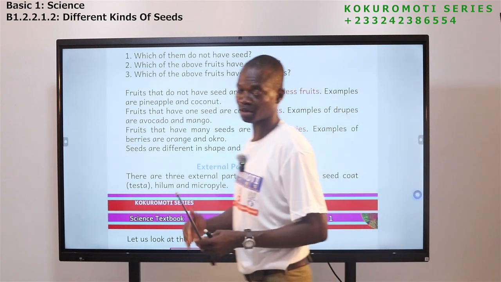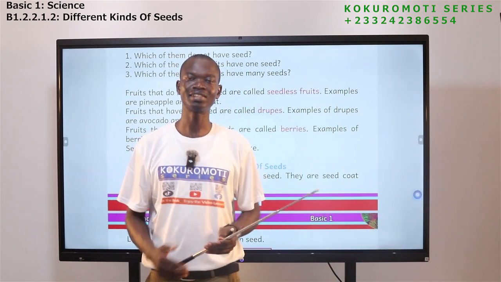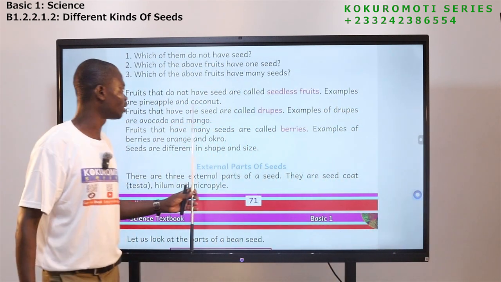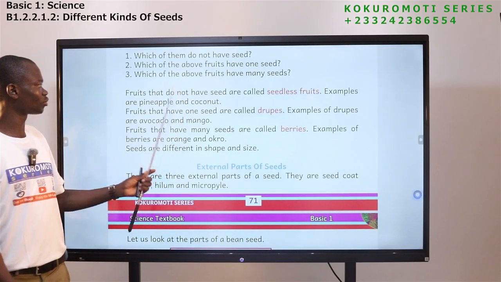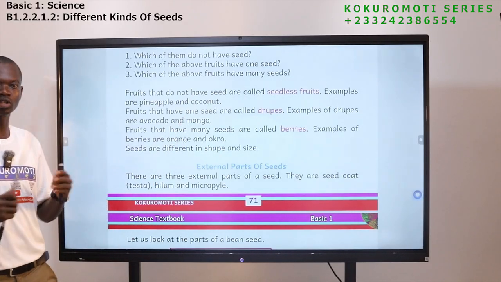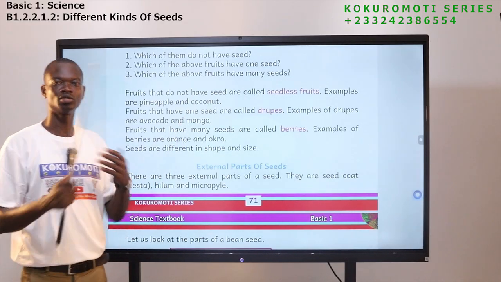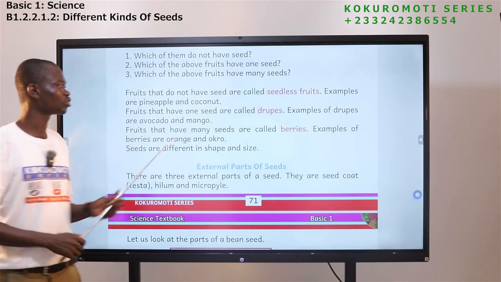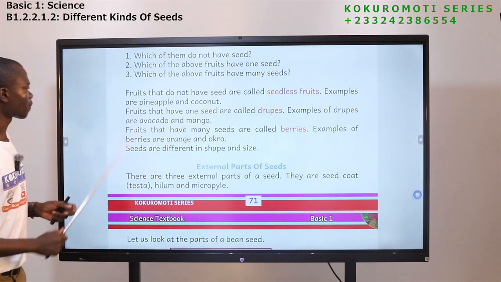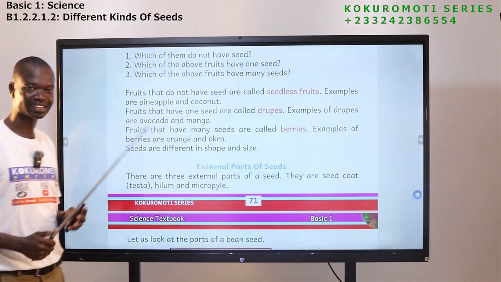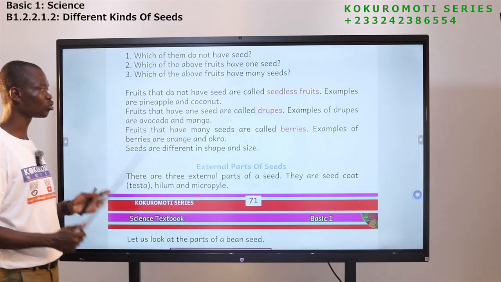When you open pineapple, you will not see seed in it. The same goes with coconut. If you open it, you will not see any seed in it. So coconut and pineapple, they are seedless. What it means is that they have no seed.